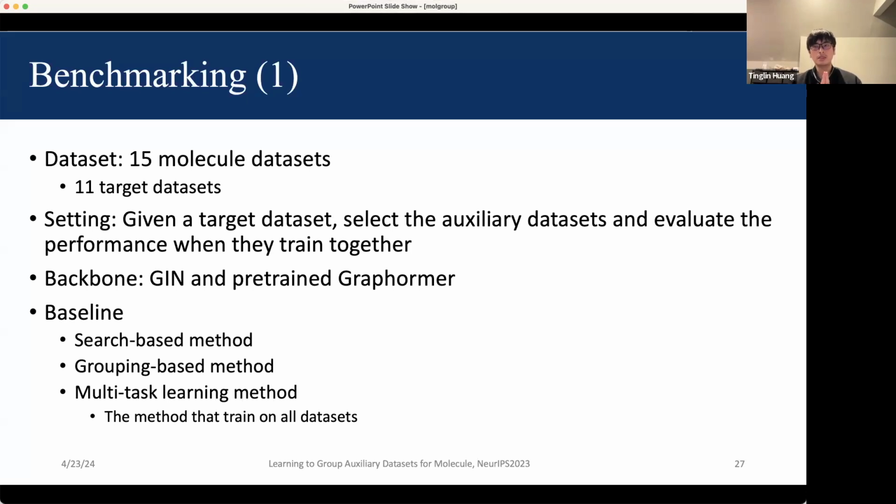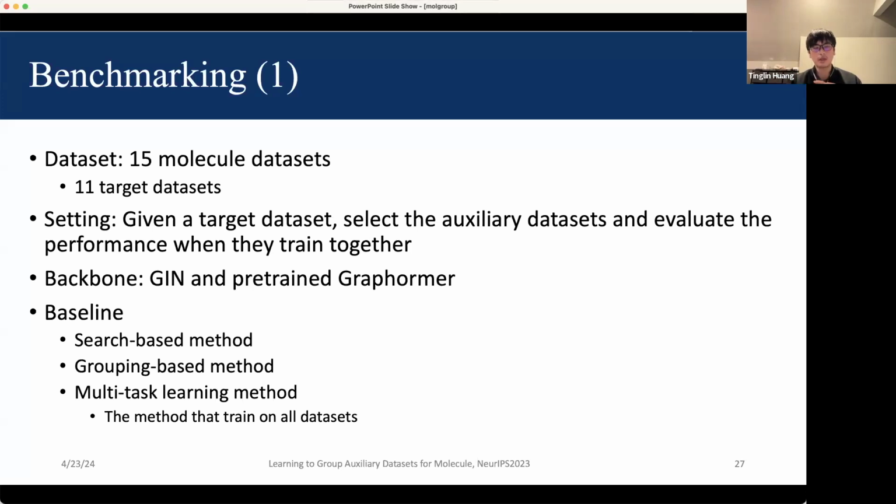Here we consider data sets with less than 10,000 molecules as the target data sets. The setting is that, given the target data set, we consider the other data sets as the candidate auxiliary data sets, and we let the model select the auxiliary data sets and evaluate the performance when they train together.